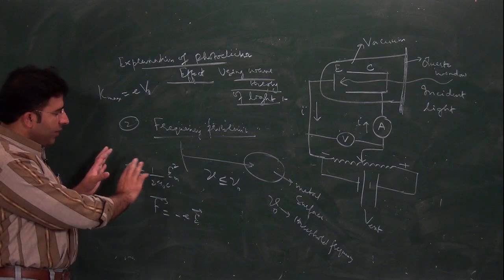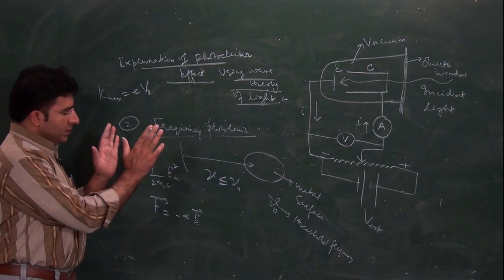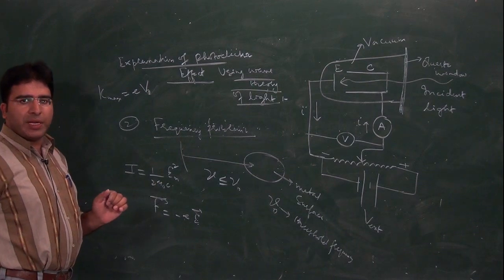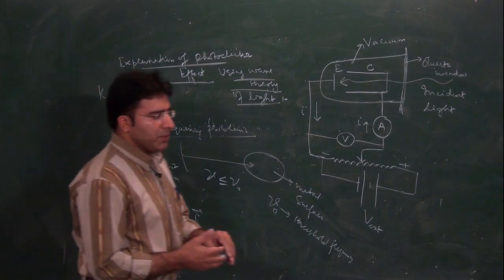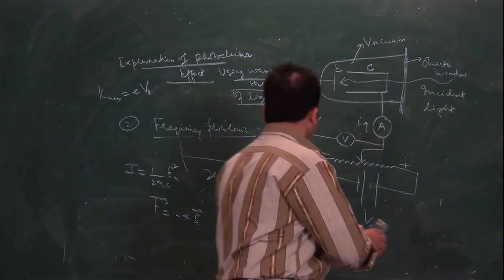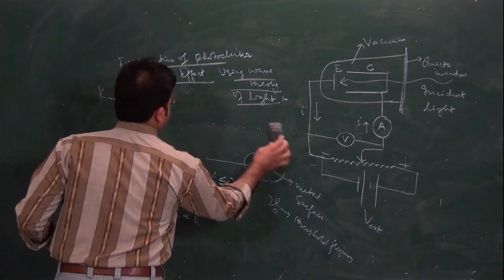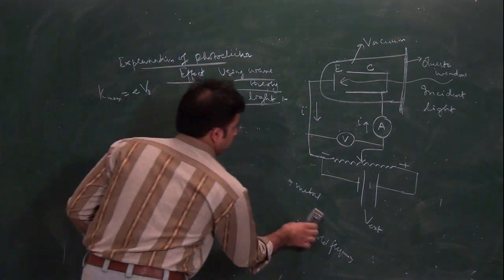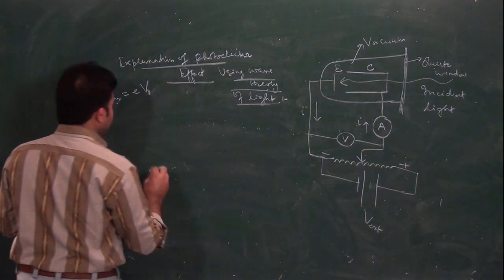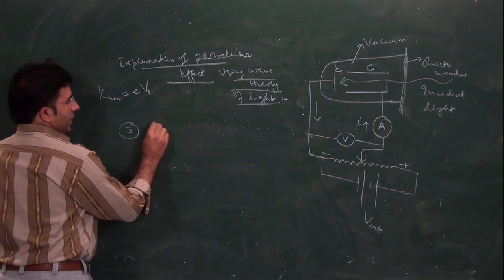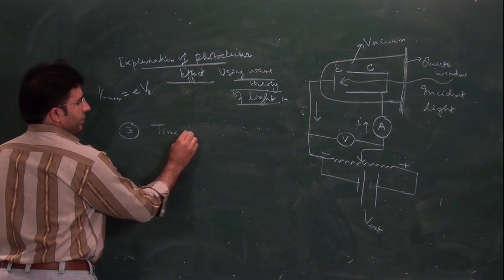So there is one more deviation. Experiment says one thing, wave theory says a different thing. There is a third problem. The third problem is called the time delay problem.